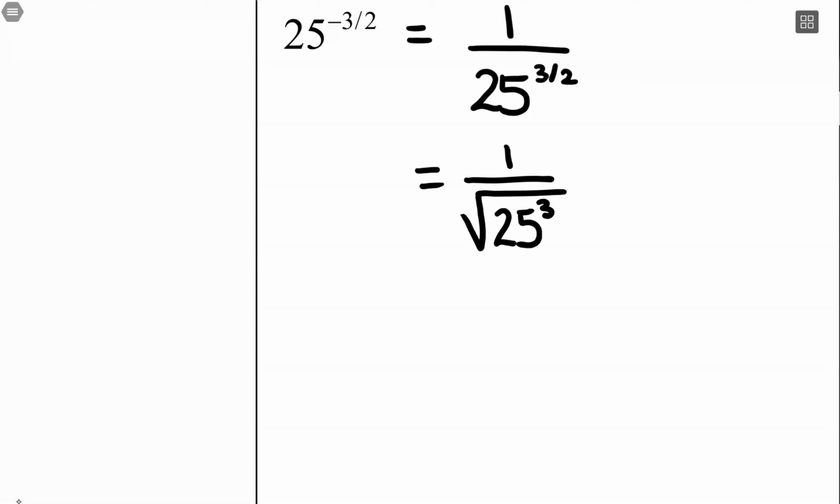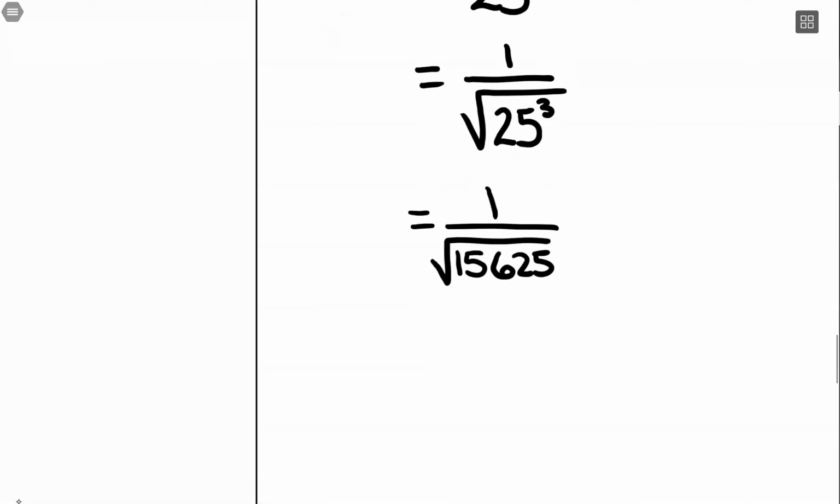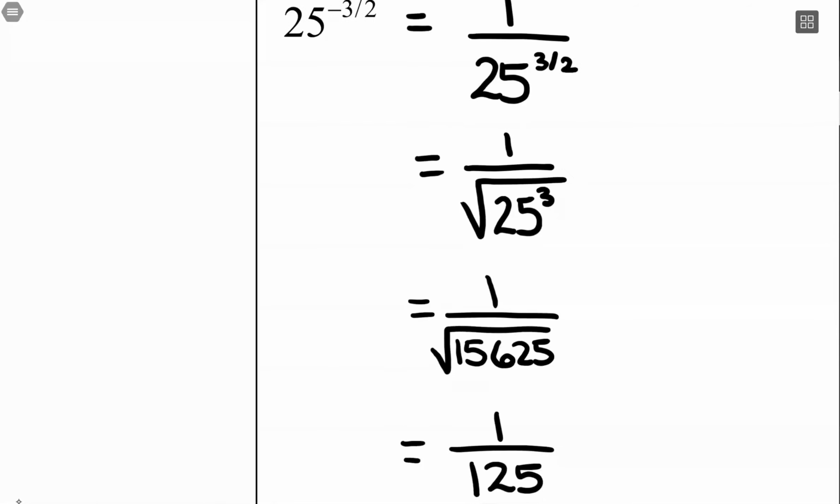So 25 cubed is a big number, 15,625. And then taking the square root of that number should be 125. So it moves to the denominator, then we translate to radical form, and it's just a matter of simplifying.